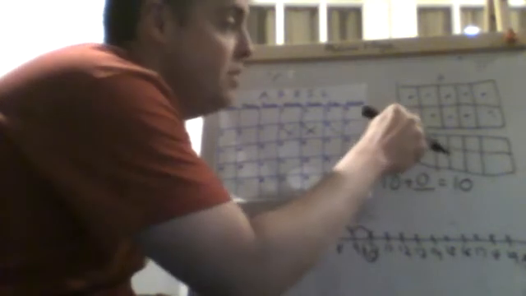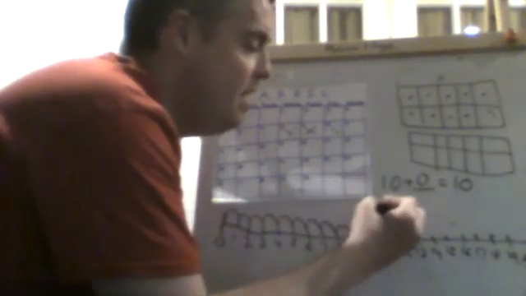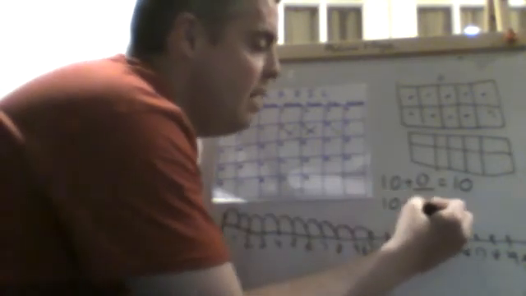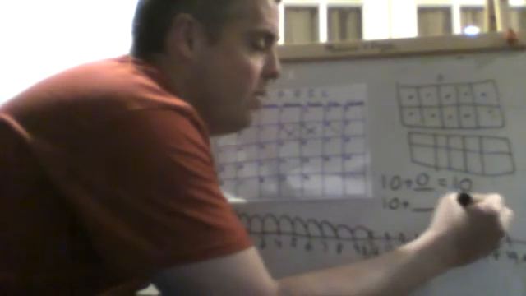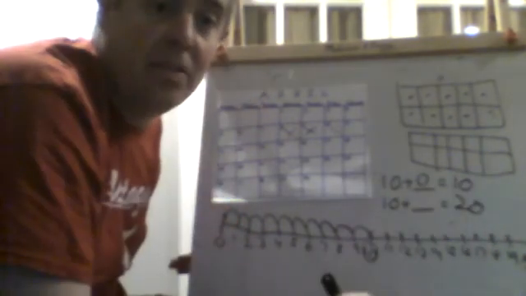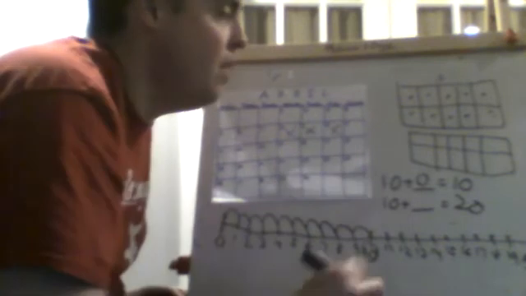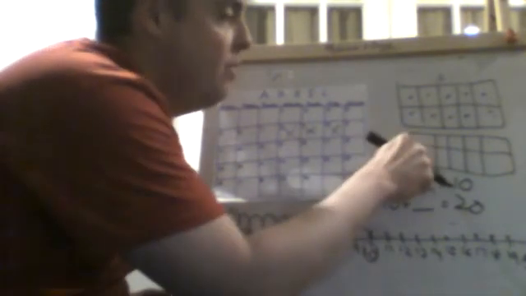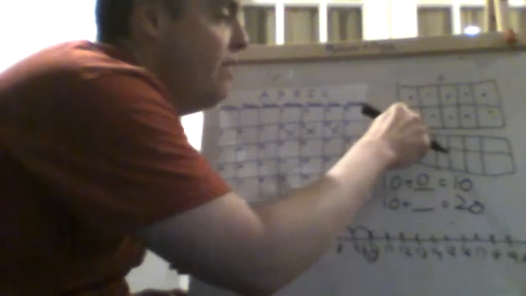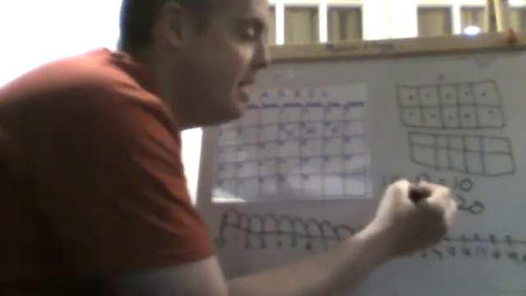But we can also do this. 10 plus what is going to give us 20, okay? And this is going to lead us into some doubles adding, which we have done a great job with, right? So 10 plus how many are in this one? That would give us 20, because 2 10 frames give us 20. 10 full plus 10 empty would give us a total of 20 frames.